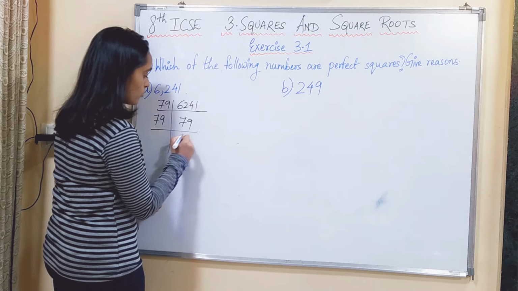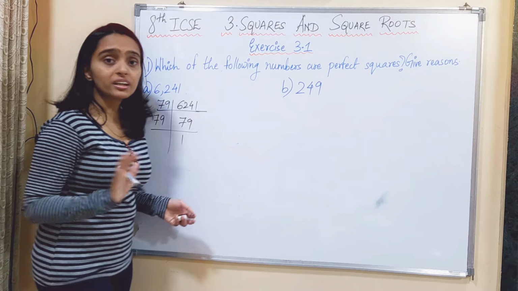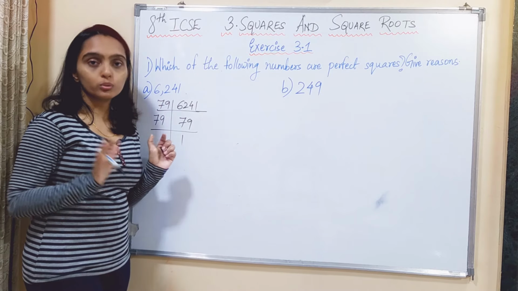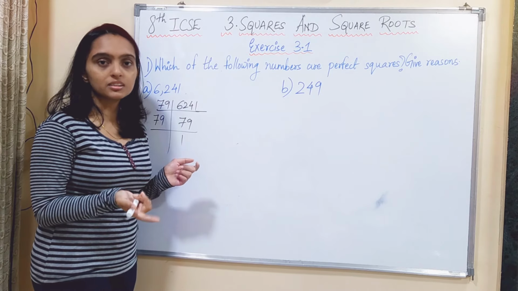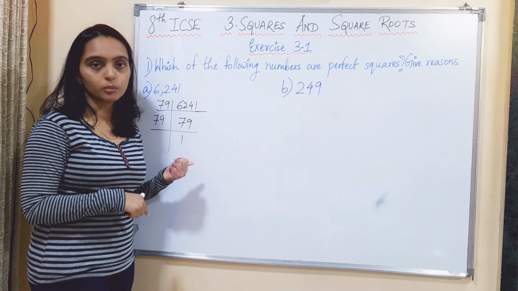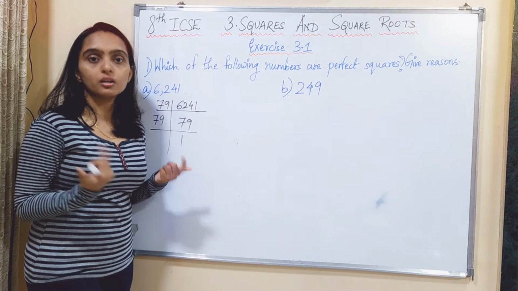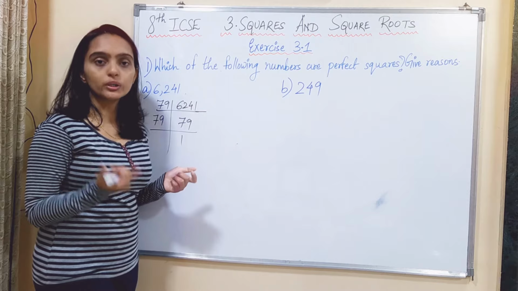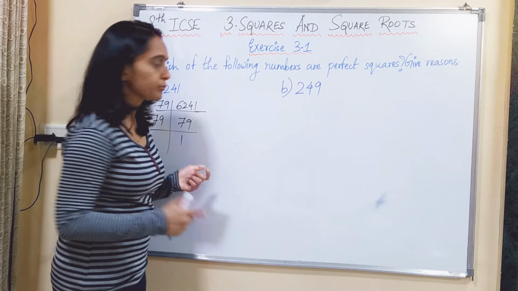How did I get 79 here? Do not worry. In the coming exercises, you will come to know how I have solved this sum. I have used the long division method, which you are going to learn in this lesson ahead.